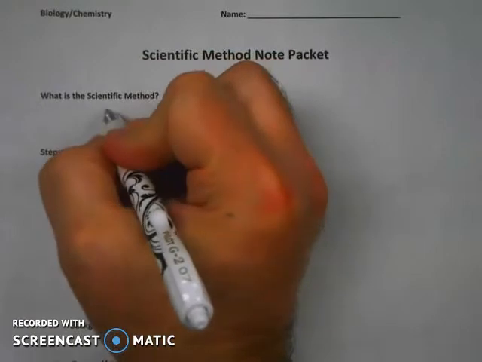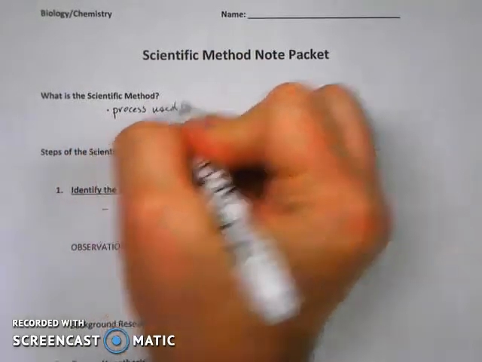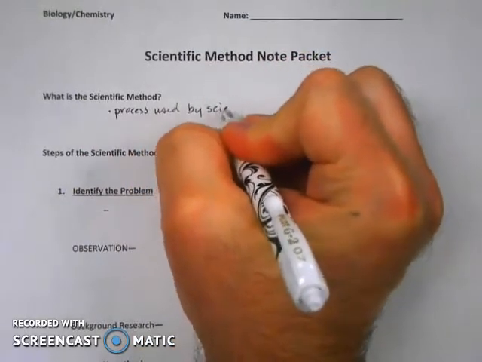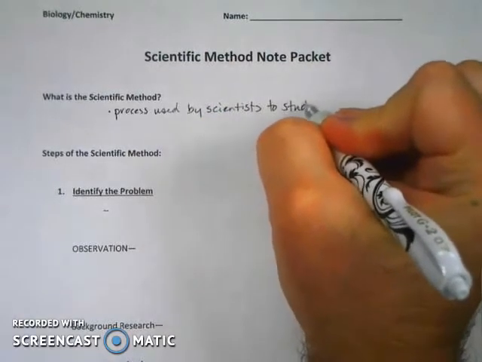So the scientific method is a process used by scientists to study the world around them.